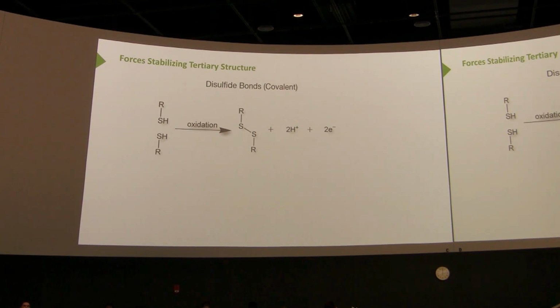So you can envision that these parts that started out very distant from each other ended up being very close to each other, and when they ended up close to each other, those two can form a covalent bond between them called a disulfide bond, which is what you see on the screen. And that's a sulfur-sulfur bond. It is a covalent bond. Remember I said that covalent bonds are much stronger than hydrogen bonds, and so disulfide bonds are very important in helping to stabilize tertiary structure.